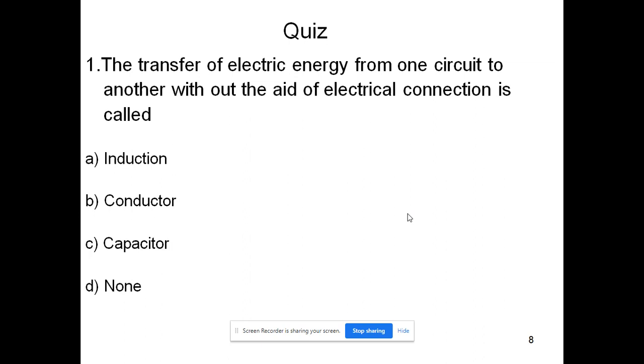The transfer of electric energy from one circuit to another without any electrical connection is called as induction. If there is an electrical connection, then it is called as conduction.